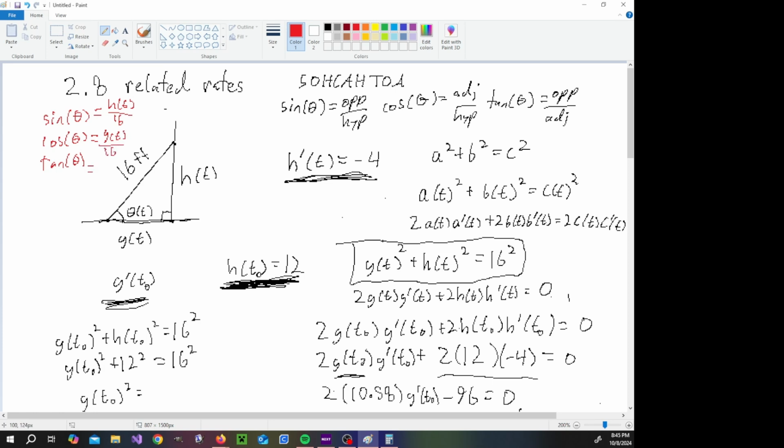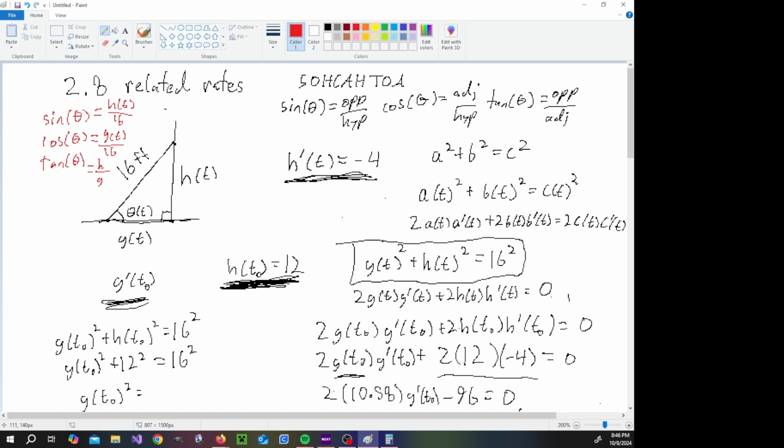And then tangent is opposite over adjacent, so h over g. So if we were to take these derivatives, sine would involve h prime, cosine would involve g prime, and tangent would be a quotient rule involving both. Well, which of these do I know? Do I know g prime or do I know h prime?